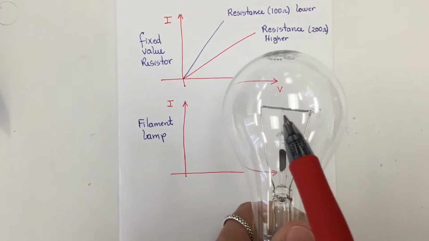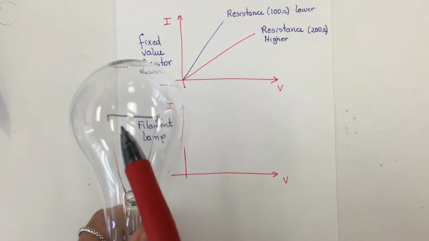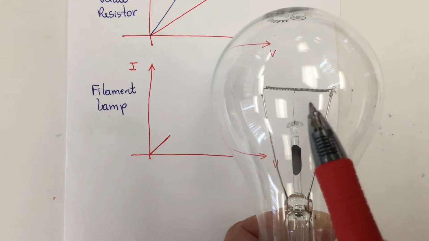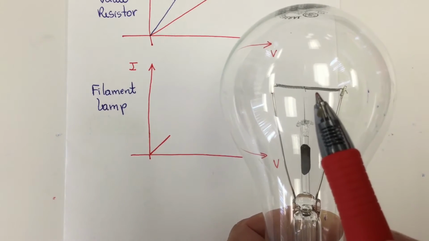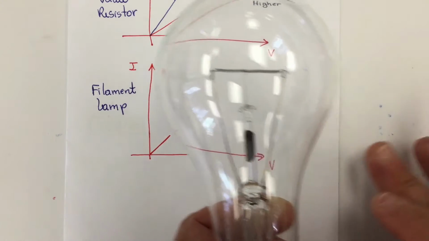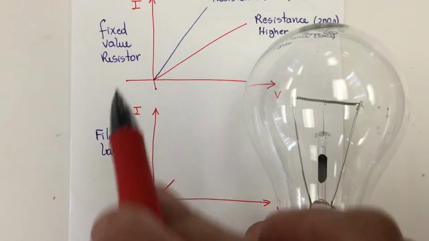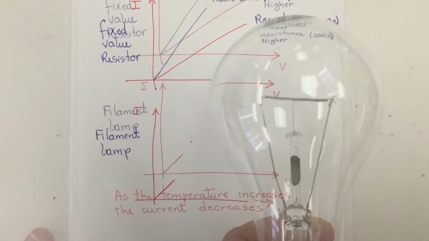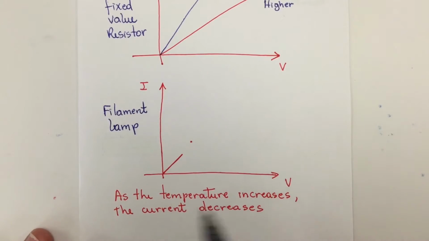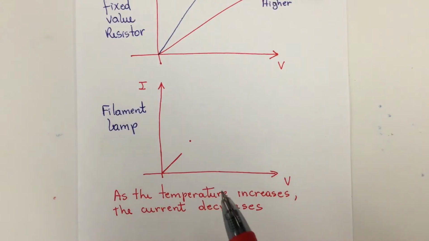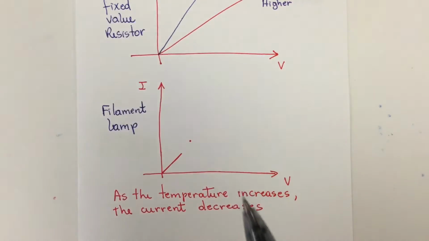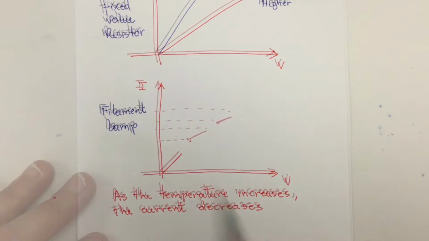So how do we represent the I-V characteristics for a filament lamp? When the filament is still at room temperature, it behaves just like a fixed resistor, with a straight line. As time goes by and the temperature of the filament increases, the current is going to decrease relative to the voltage.